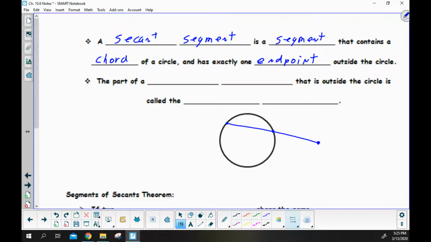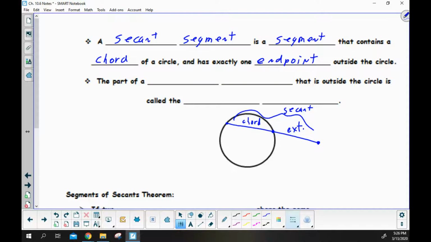And what you see here is that when you take a secant, and we discussed this earlier, a secant creates a chord on the inside. So here's my chord right here. Here's the chord part. And then you also have this exterior part out here, right? And then, of course, we have the whole thing. And you're going to hear me use exterior and whole a lot.